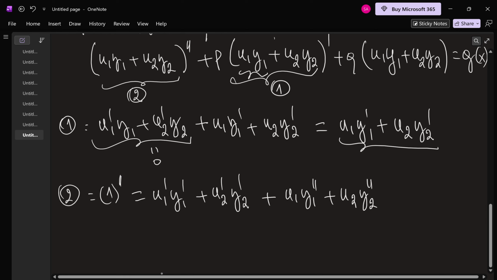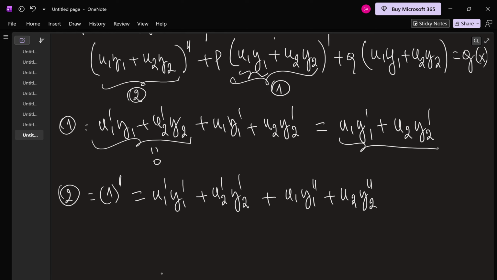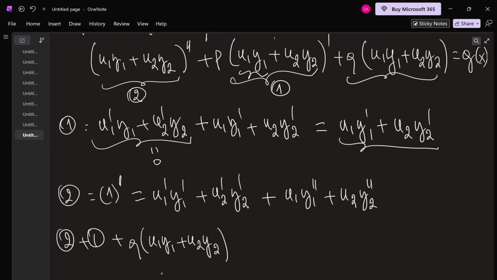Remember what you will get: we have y double prime plus p y prime plus q times u1 y1 plus u2 y2. Okay, so this is actually equal to, I will rewrite it down here.